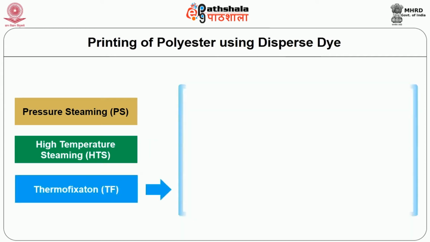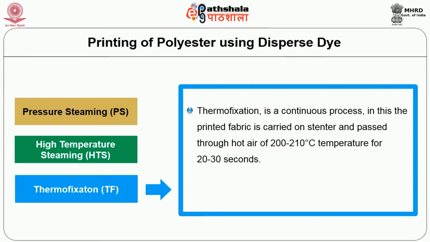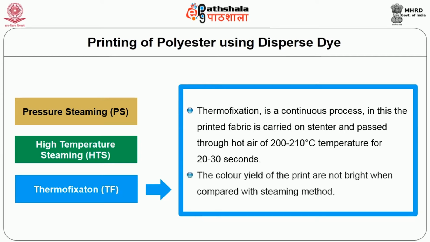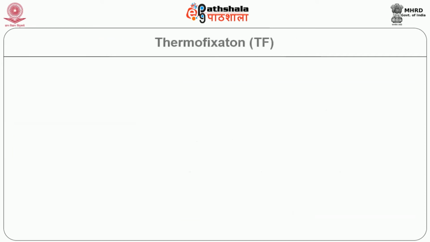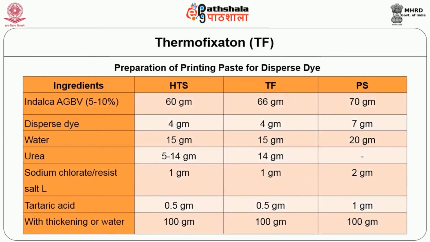Thermofixation is a continuous process. In this, the printed fabric is carried on a stenter and passed through hot air of 200 to 210 degrees centigrade for 20 to 30 seconds. The color yield of the print is not as bright when compared with the steaming method. So in the table you can see the 3 methods compared.